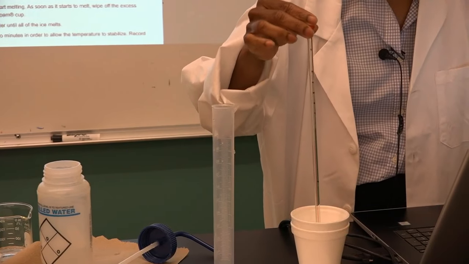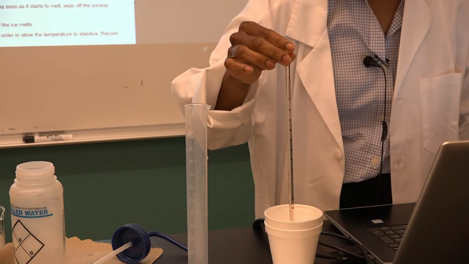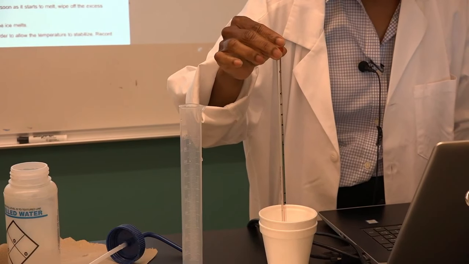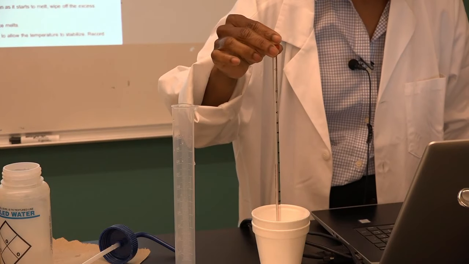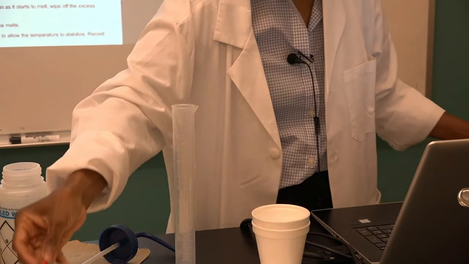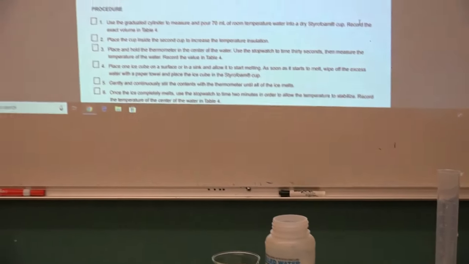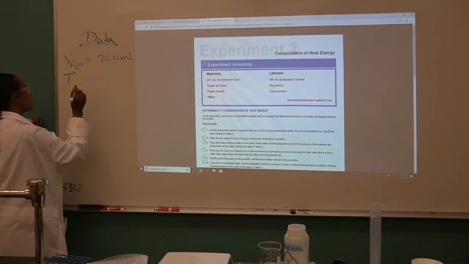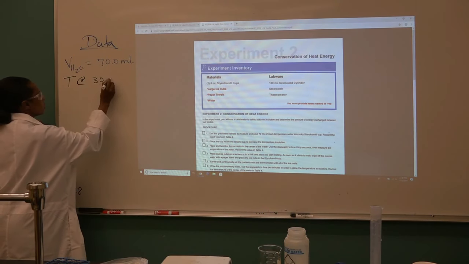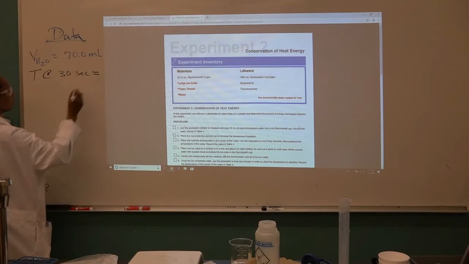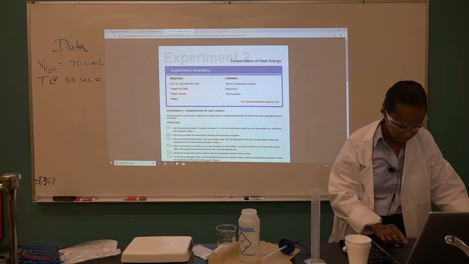Make sure that the bulb is not touching the bottom of your cup, but you're holding it in the water, in the center of the water, and you will wait for 30 seconds and you will be recording that temperature. Okay, so your temperature at 30 seconds, you should have that.